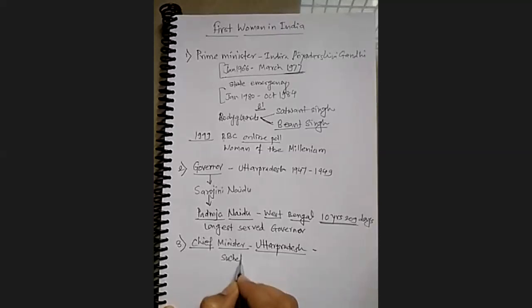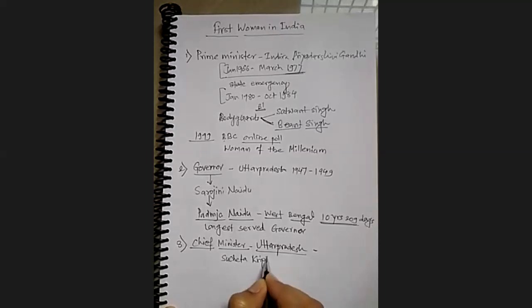She assumed the charge of chief minister in October 1963, I think, till 1967. So she completed more than 4 years as chief minister of Uttar Pradesh. India's first woman chief minister is Sucheta Kripalani.